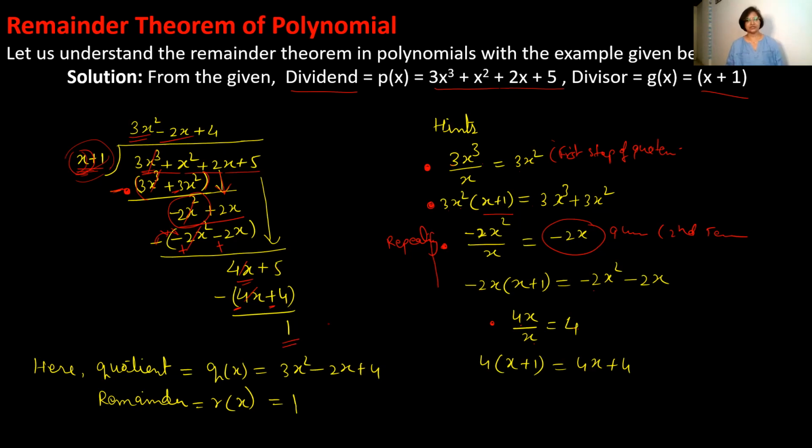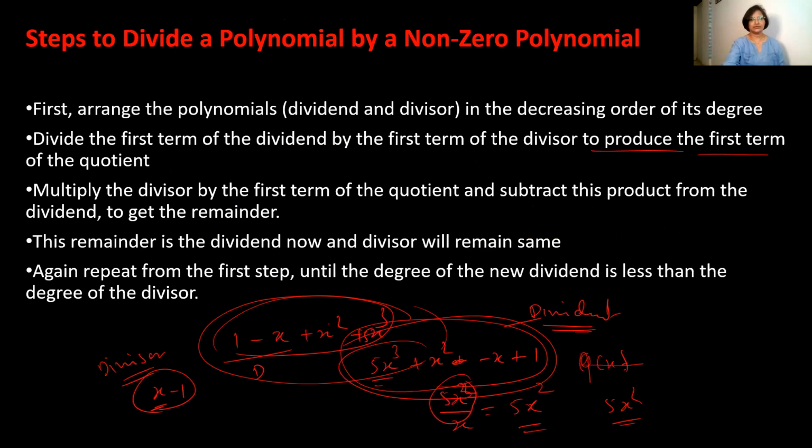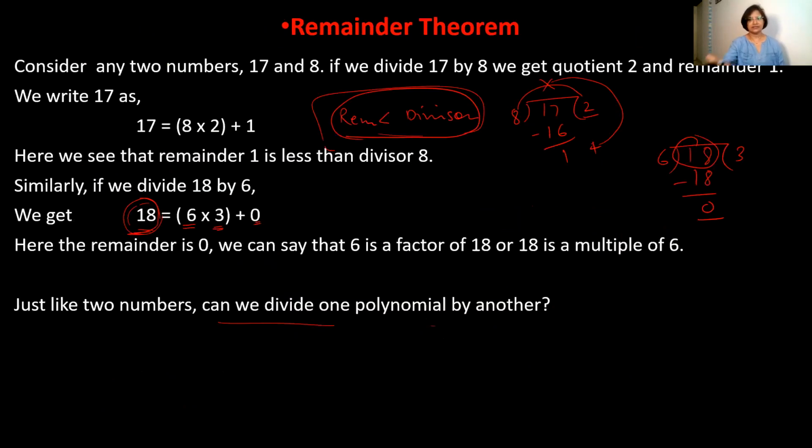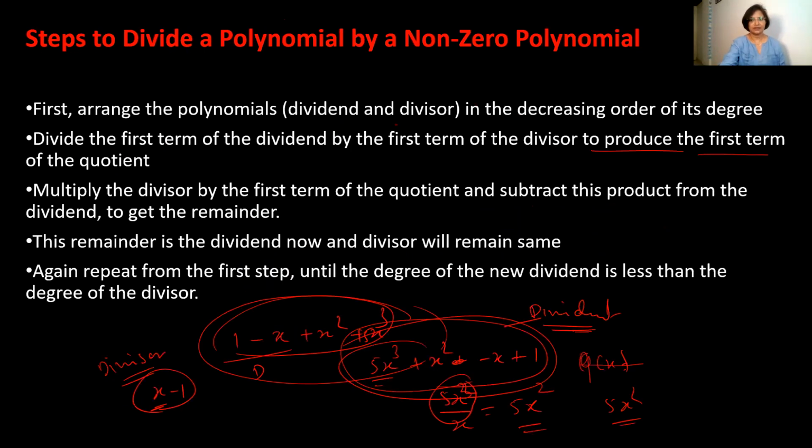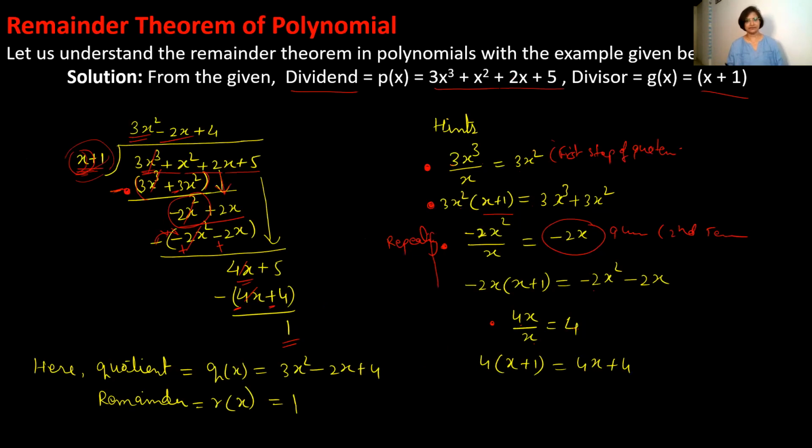Now here you see this thing, what I told you in this portion: the remainder will be lesser than the divisor. So here, if we see, this remainder is lesser than the divisor, meaning in degree. Here what will we check? We will check the degree of x, the degree of the variable.